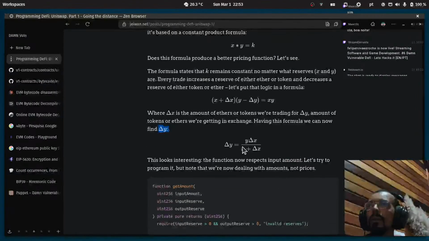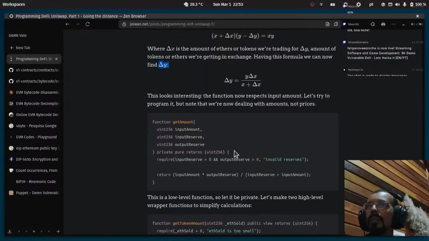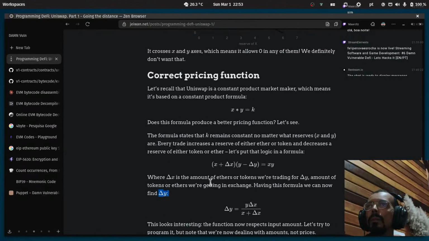Now we should be trying to understand the formulas, right? That's the reserve. That's the amount I want to take. So let's say they have 2000 tokens. I'm going to add more tokens. That's Ethereum, I'm going to remove Ethereum, and that should be equal to the product k.